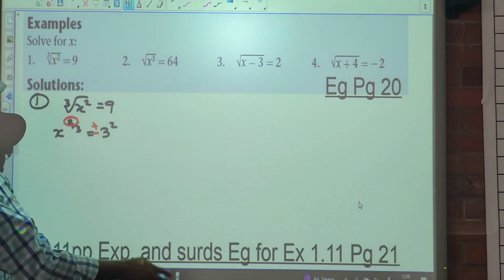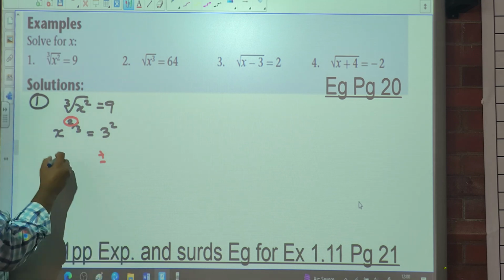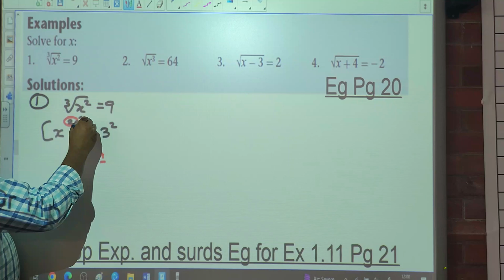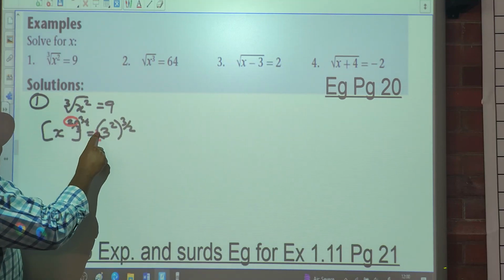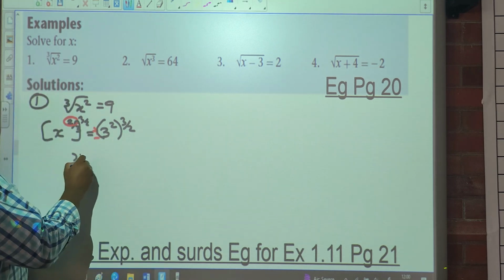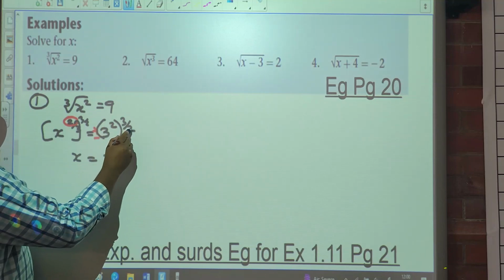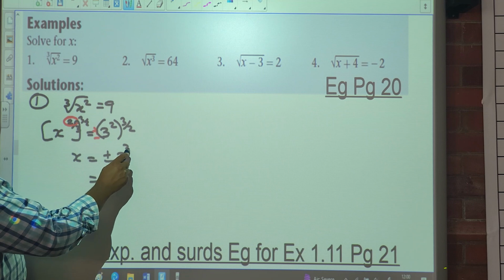You guys forget this already. I raise this to the power 3 over 2, so it goes plus minus. So x is equal to plus minus 3 to the exponent. Now 2 times 3 over 2 is 3. And 3 cubed is?